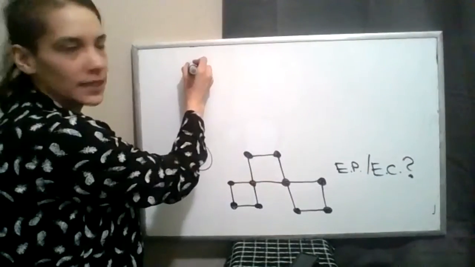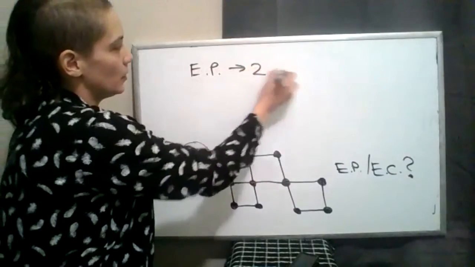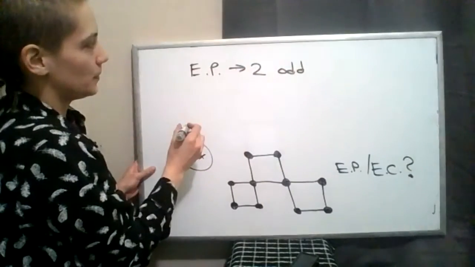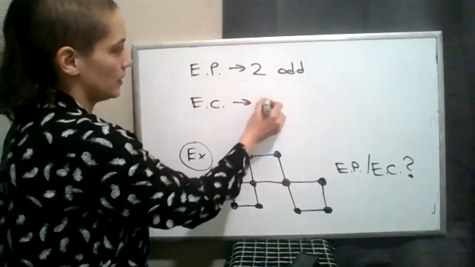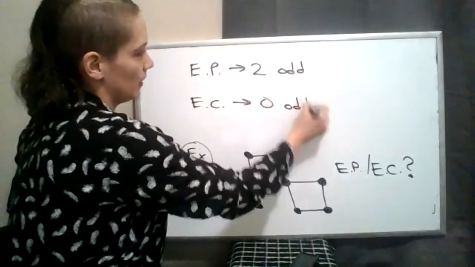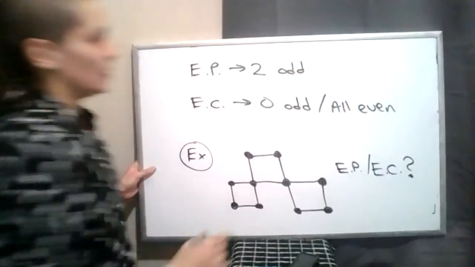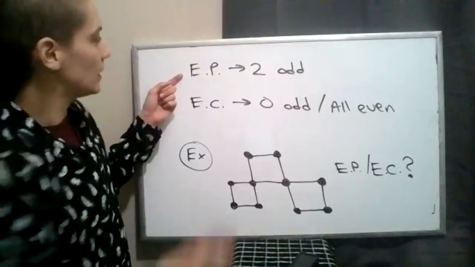I'm just going to put shorthand at the top. Euler path 2 odd. Euler circuit 0 odd. Okay, neither would be more than 2 odd.